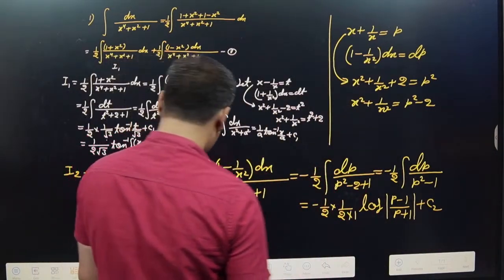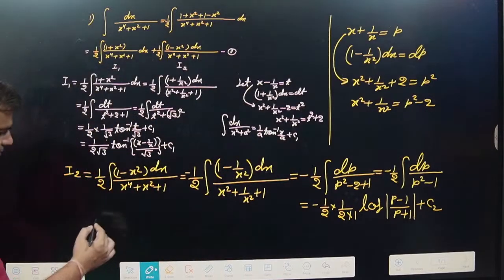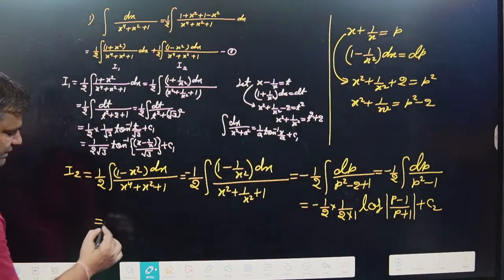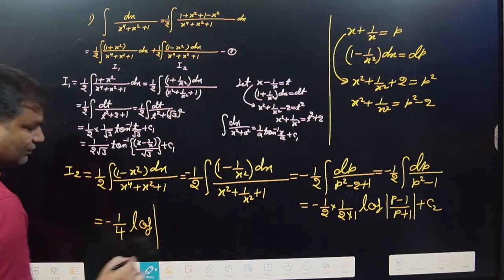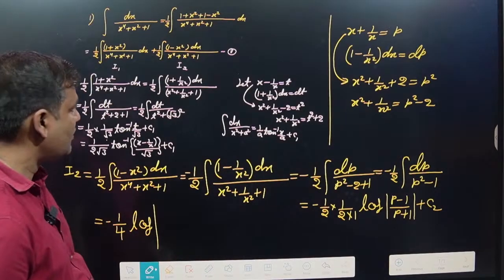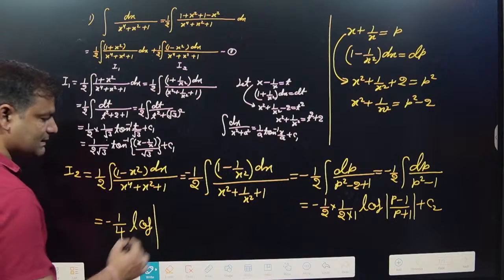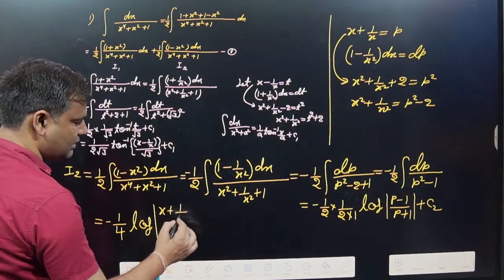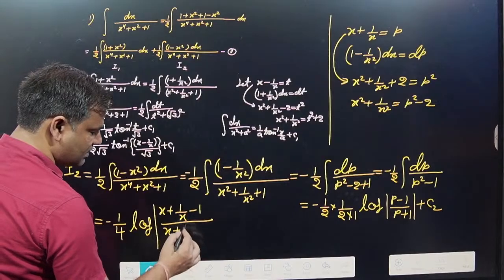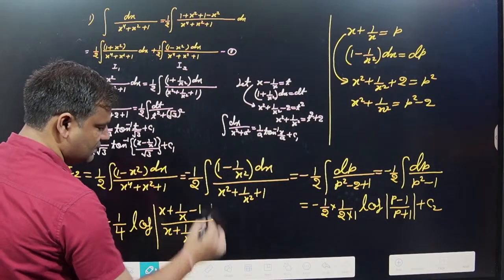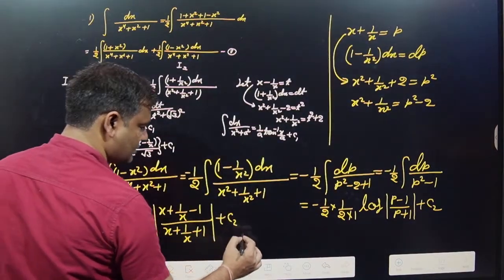Okay. After that, this one written minus 1 by 4 into log of p, p is how much? x plus 1 upon x. Log of (x plus 1 upon x minus 1) upon (x plus 1 upon x plus 1) plus C2.